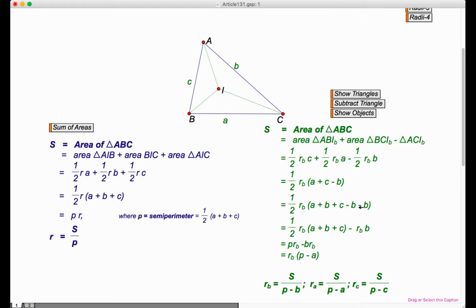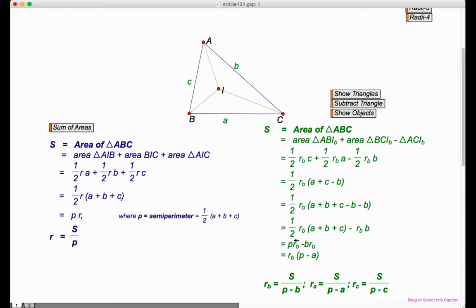So that's actually 2b here. So a + b + c - b is the same thing as this. With that, I can get this one first, and then this one is 2b divided by 2, which is just b, so r sub b times b.